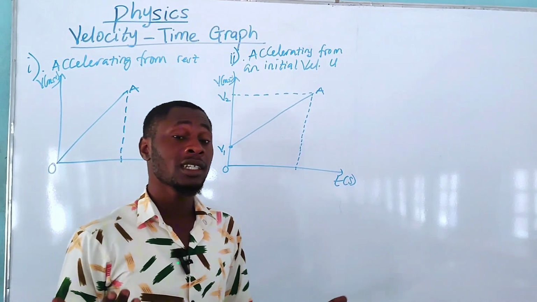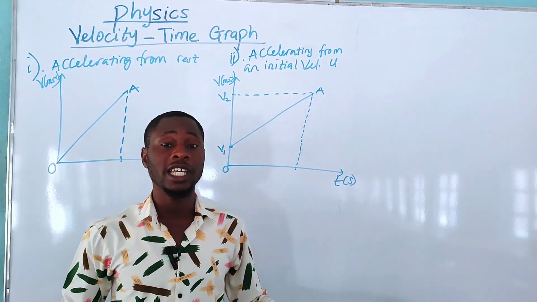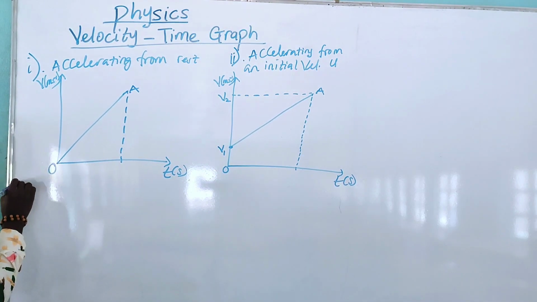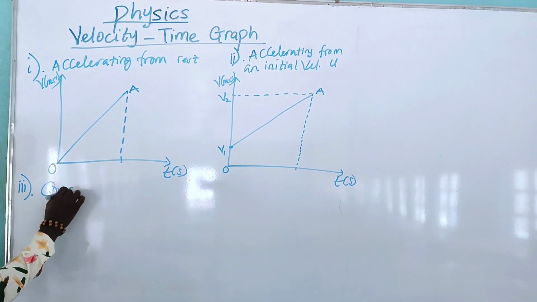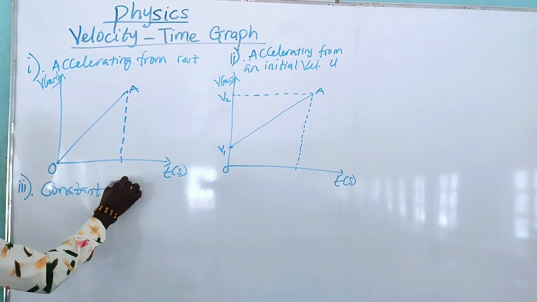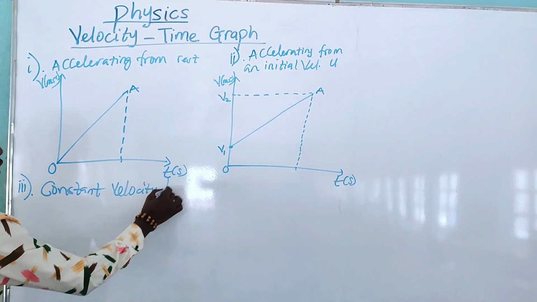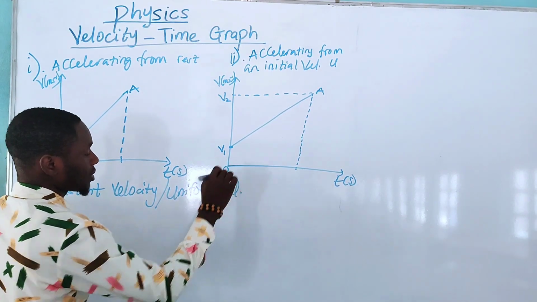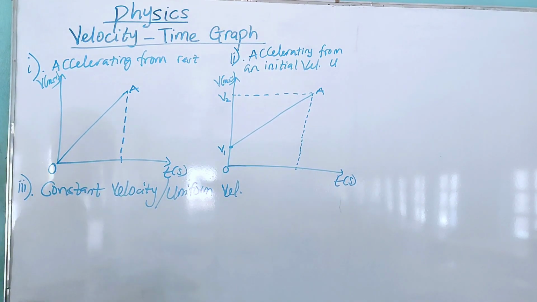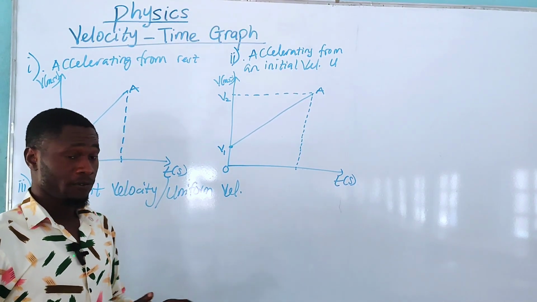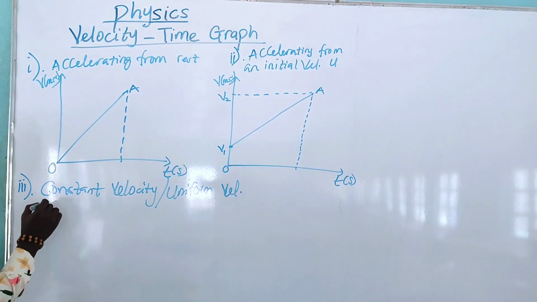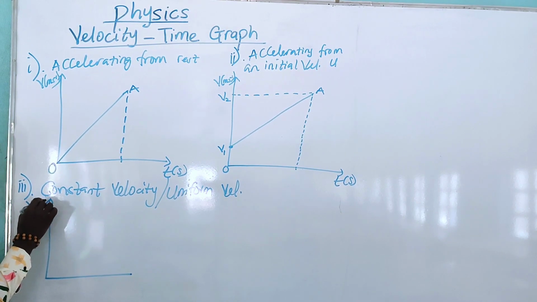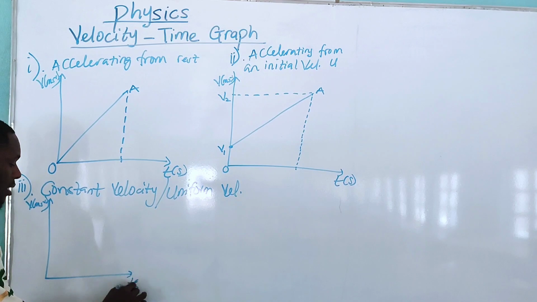Okay, so the third graph format we need to know is when the body is moving with a constant velocity. We call it the constant velocity or the uniform velocity. So this becomes the graph format. These are velocity in meters per second, and these are time in seconds.